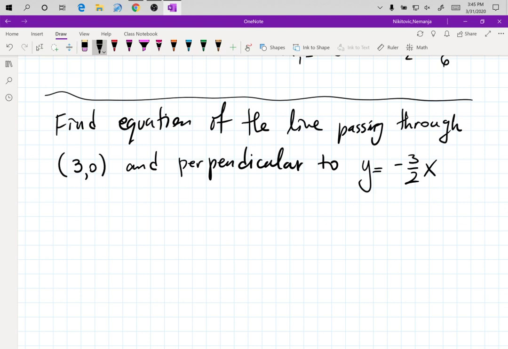That's the problem. We were supposed to figure out the equation of the line that passes through the point (3, 0) and is perpendicular.